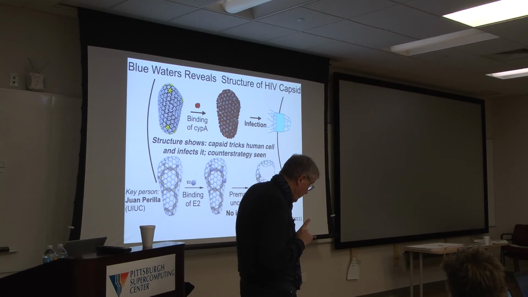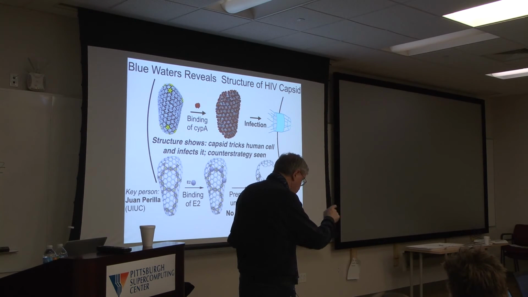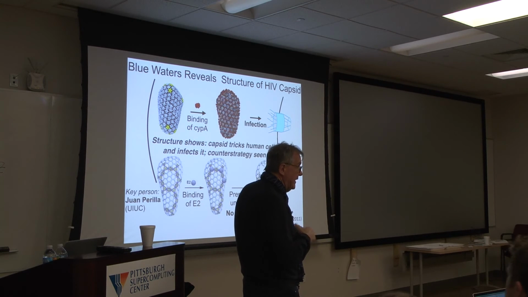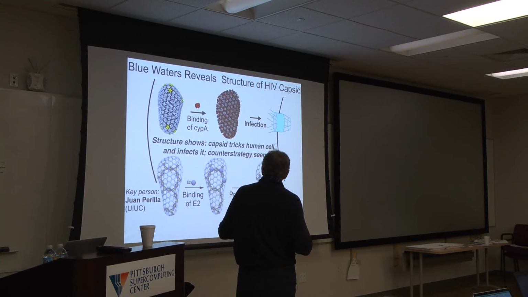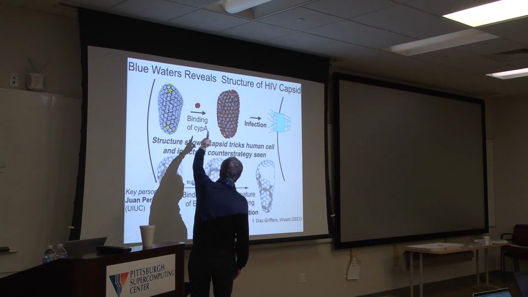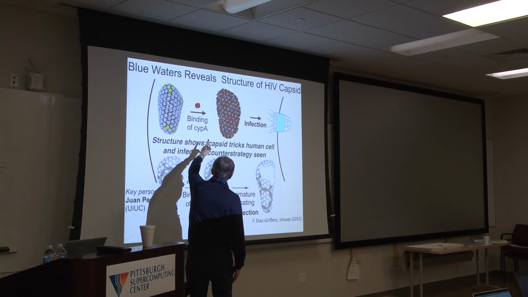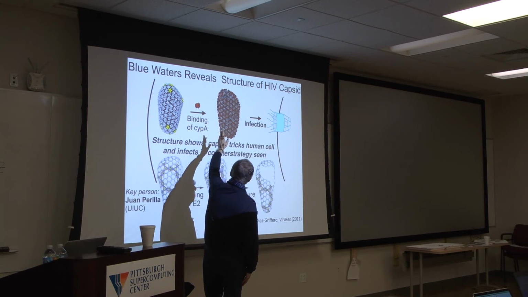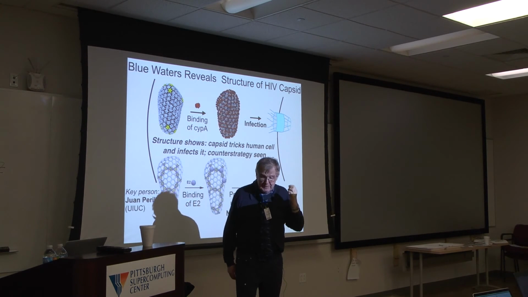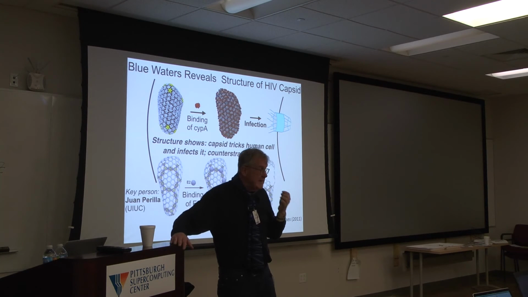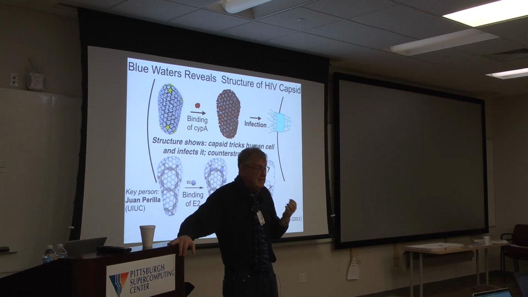So the virus has to put the genetic material into the nucleus. It can only do that with the help of the cell. And one of the key proteins of the cell is called cyclophilin, and it binds on top of this capsid in a way that involves really intricate chemical detail.